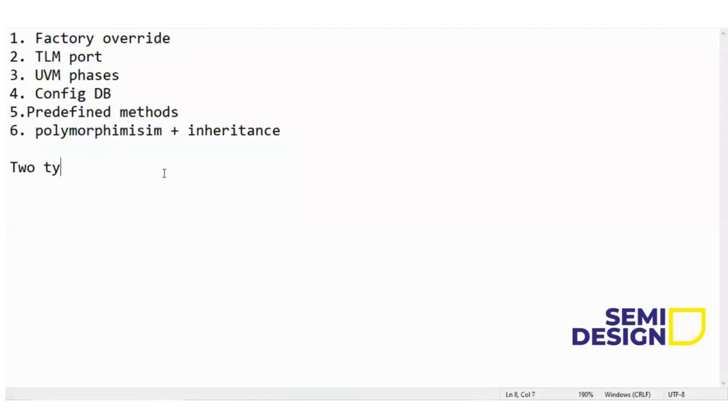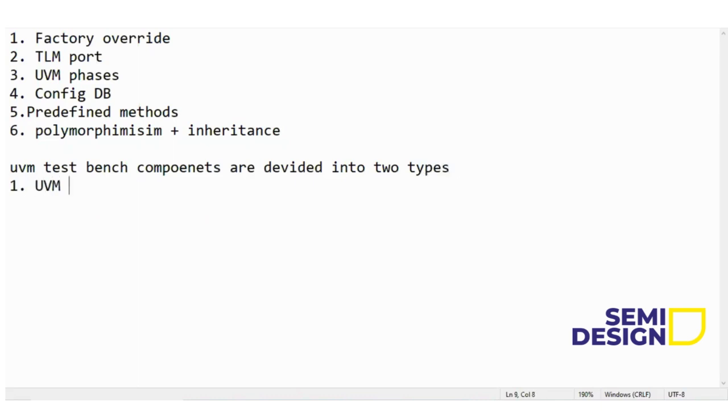So UVM test bench components are divided into two types. One is UVM object, and the second one is UVM component. What is this UVM object? UVM object means whenever we need it, we can create it, and whenever we don't need it, we can delete it.